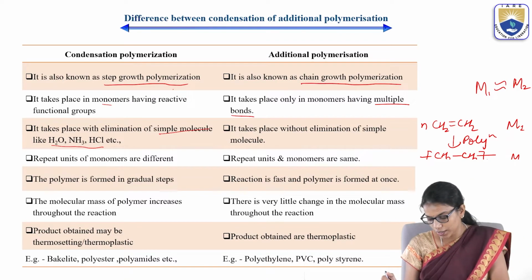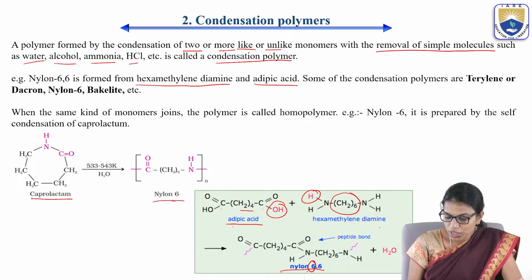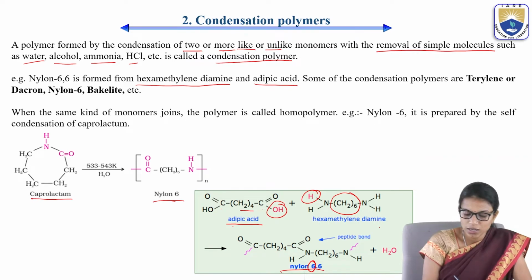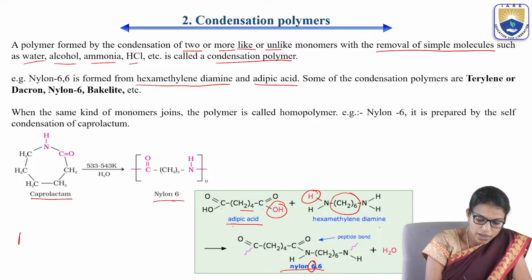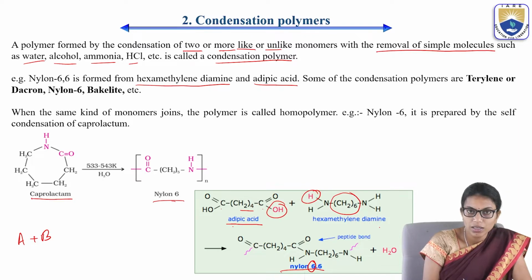As I have said earlier, in the formation of nylon 6,6, we take adipic acid, suppose it is A, and hexamethylene diamine, which is B. These different molecules combine together, and after some loss of molecule, like minus H2O, AB is formed.